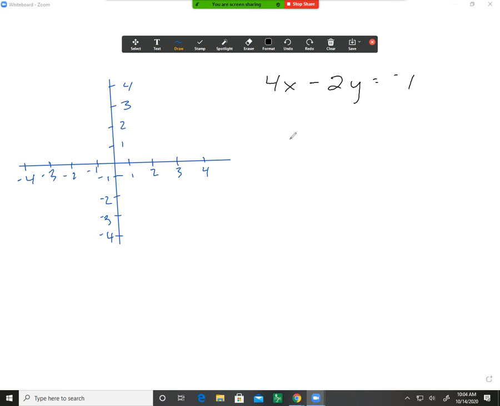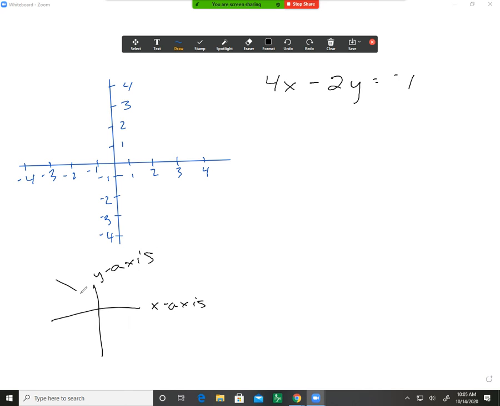All right. 4x minus 2y equals -1. Perfect. The other way I'm going to talk about graphing is using x and y intercepts. What do you guys remember about x and y intercepts? That is where it goes over the axis. An x-intercept is when it goes over the x-axis, and a y-intercept is when it goes over the y-axis.